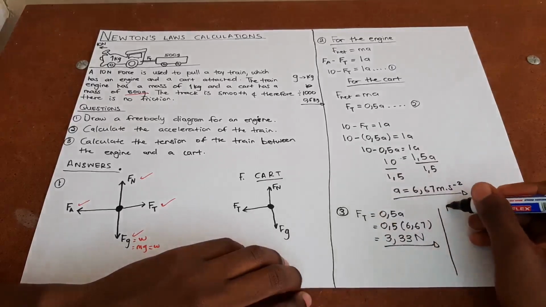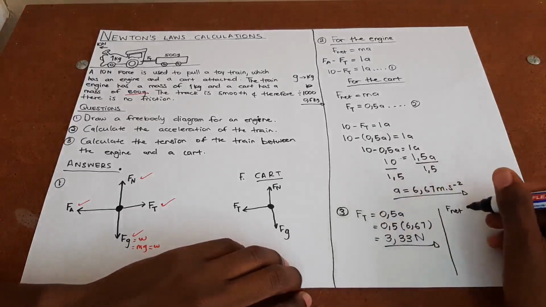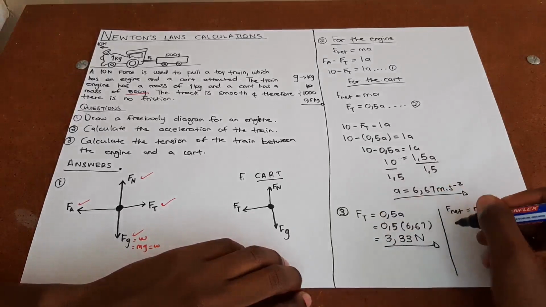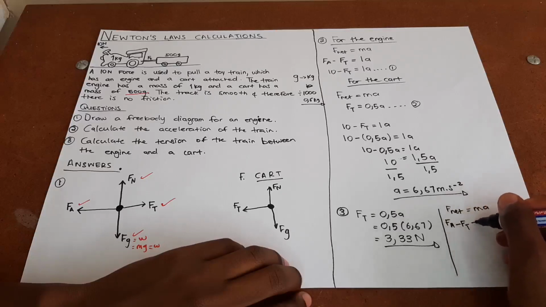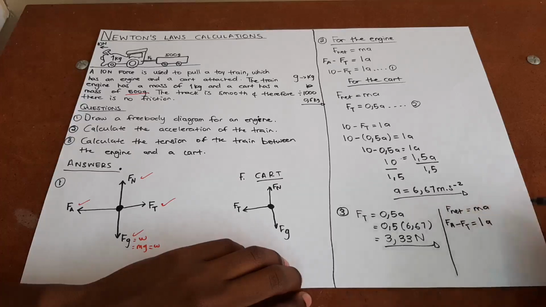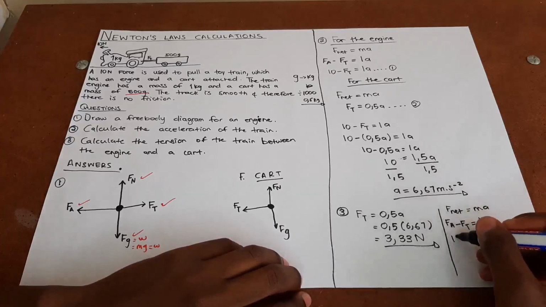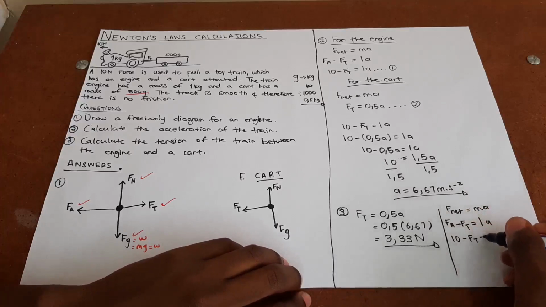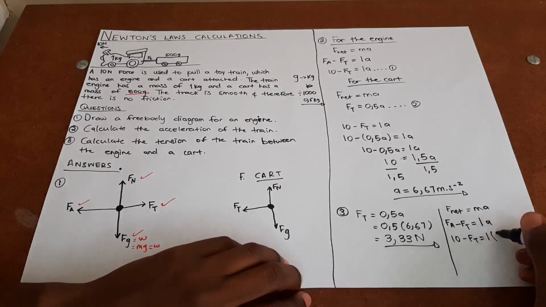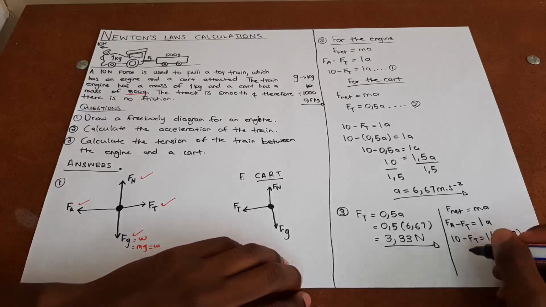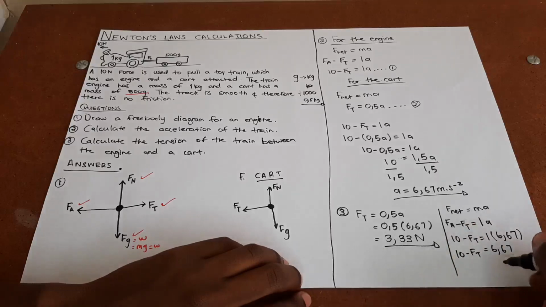Let's use Fnet right now. I'm just proving for you that you can also use this way. Fnet is equal to ma. So Fa minus Ft is equal to 1a. This becomes 10 minus Ft is equal to 1 multiplied by 6.67. We take our 10 that side.